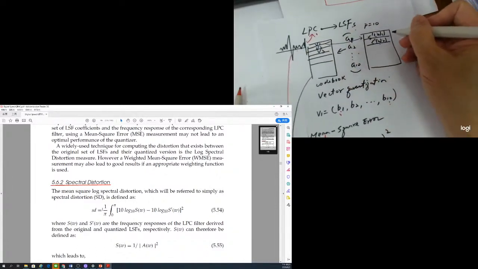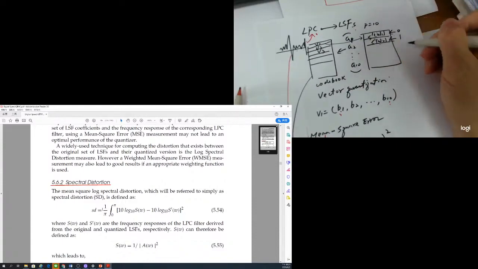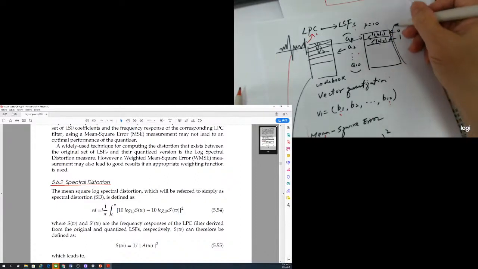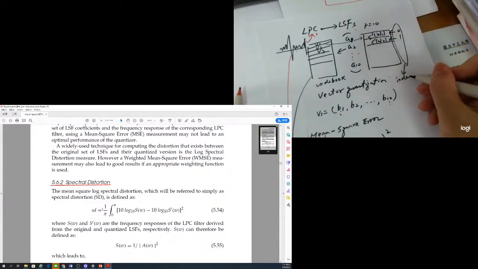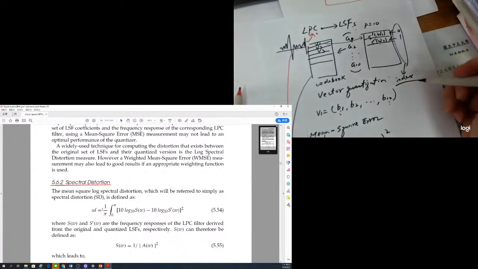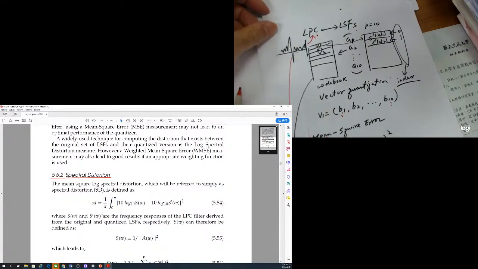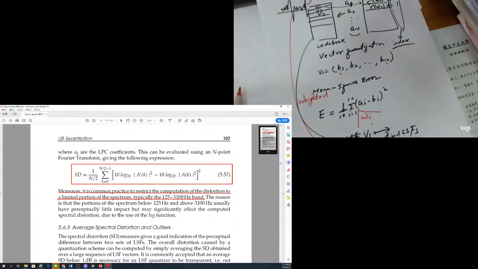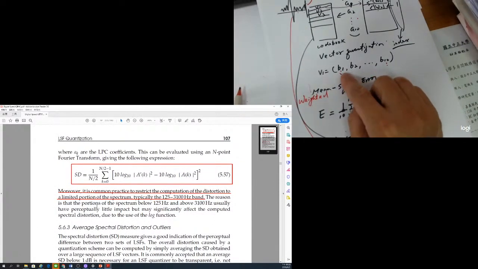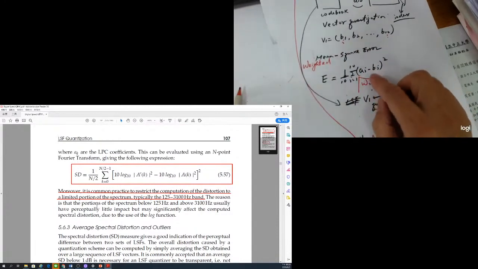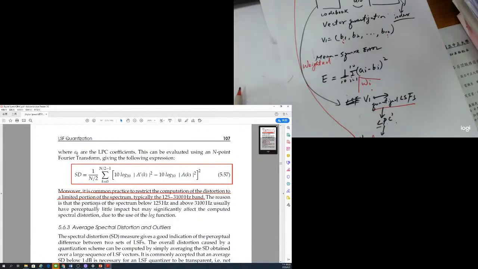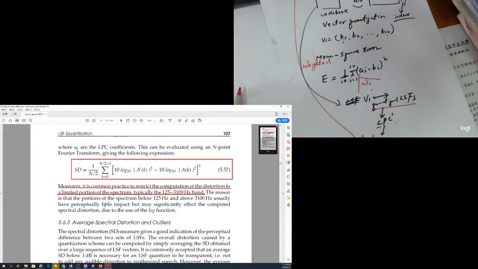Once we quantize, with index 0, index 1, the minimal distortion index is our winner. The index is our compression data. So before we do quantization, we have to know how to calculate distortion: one is based on the spectrum, the other is the easy way, just using line spectrum coefficients to calculate the distortion. Okay.